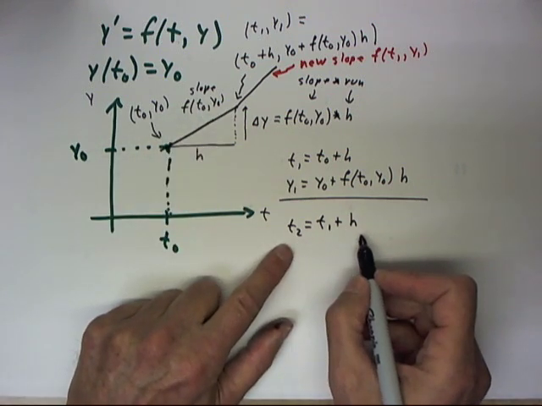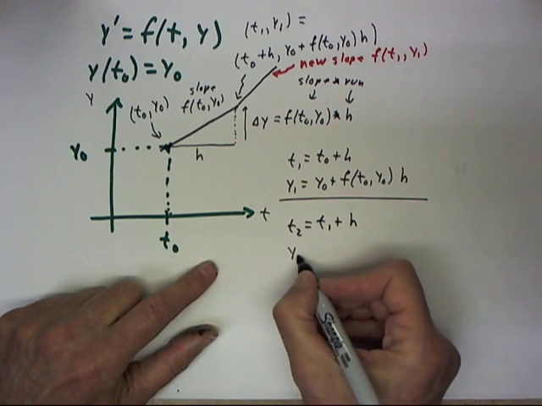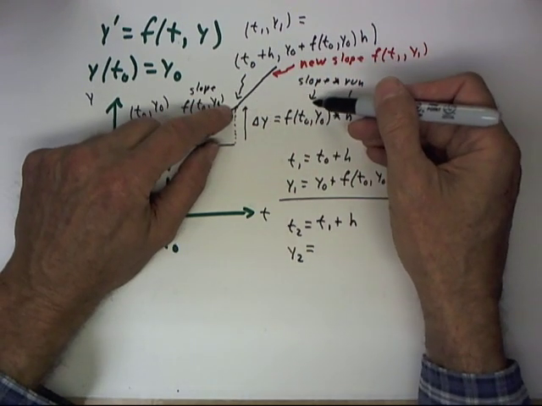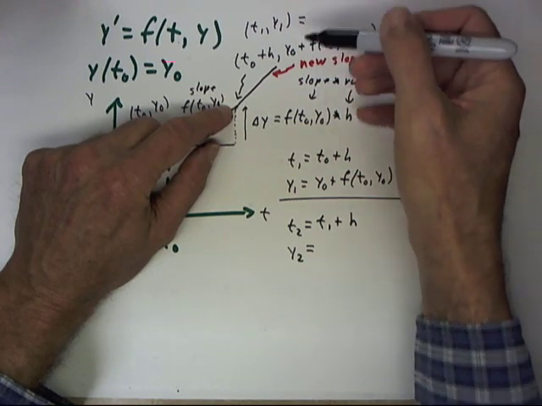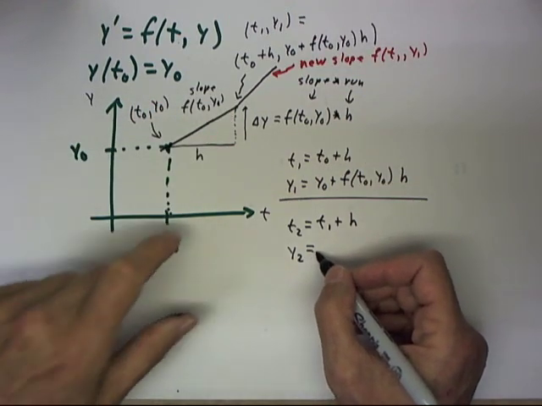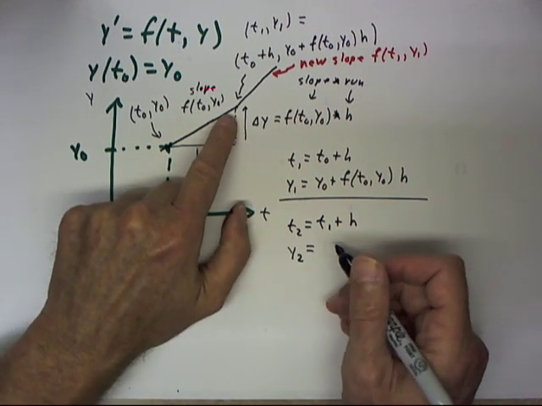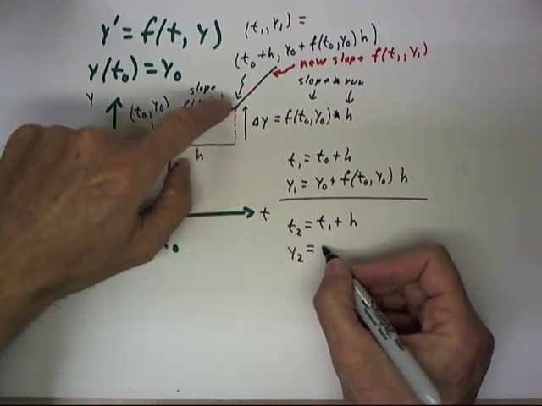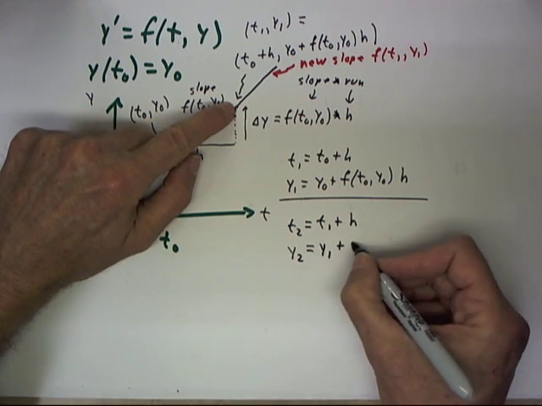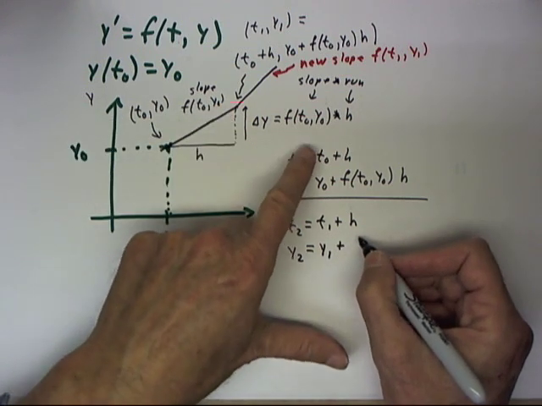What's y2 going to be? Well, if we complete this triangle, come over h and up a new delta y, we're going to see that y2 is equal to y1, which is the coordinate of this point, plus what?